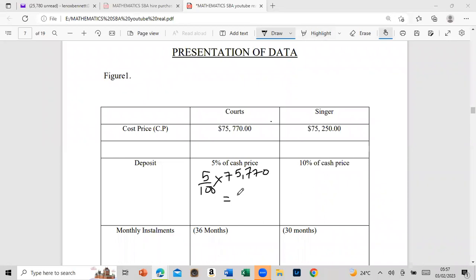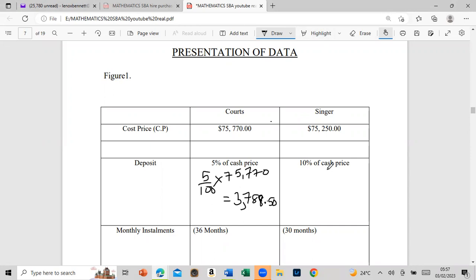Alright guys, so for 5%, I got 3,788 and 50 cents. So it's $3,788.50. So it's $3,000. Put the decimal point. Alright, and for this one now, we're going to calculate 10% of 75,250. 10% is the same as dividing by 10.